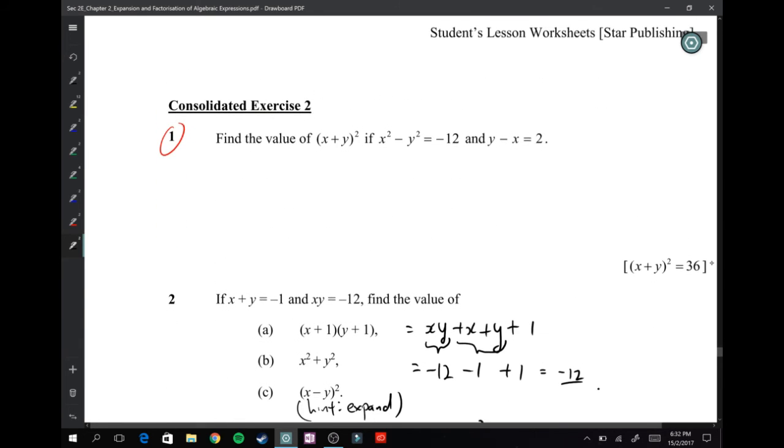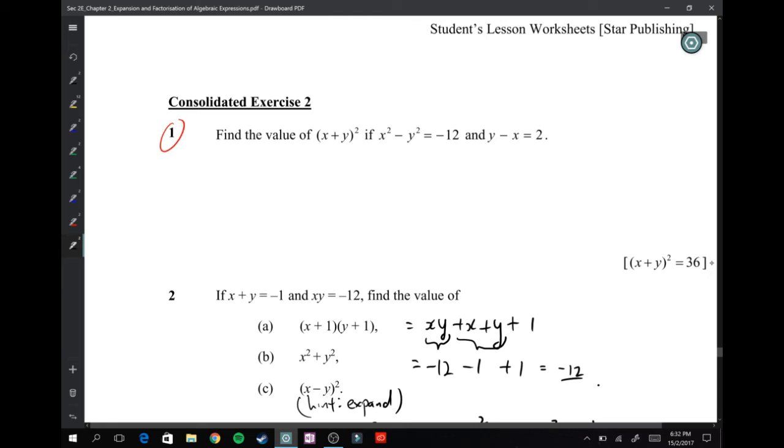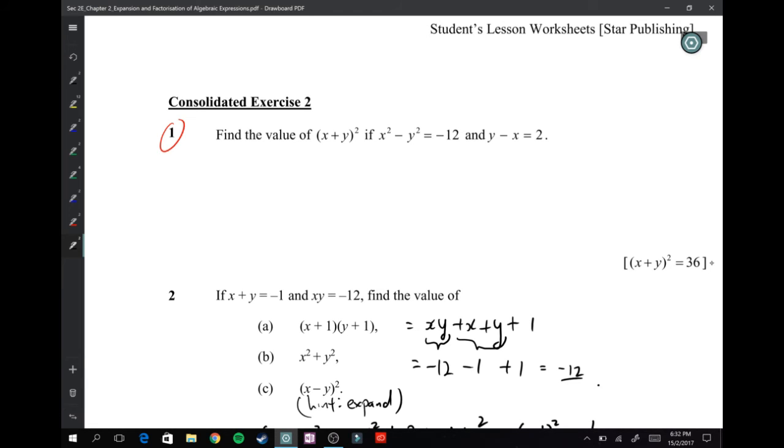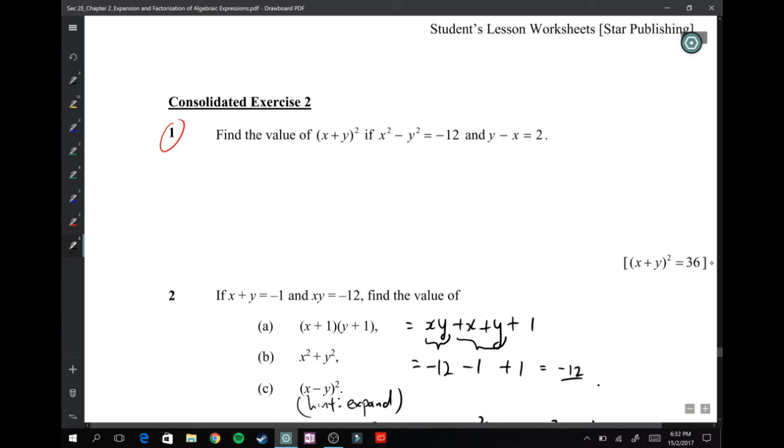Now question 1, find the value of x plus y the whole thing squared if x squared minus y squared is negative 12, y minus x is 2. For this kind of question, whenever they give you something like that, expand it out first. So x plus y the whole thing squared gives you x squared plus 2xy plus y squared.